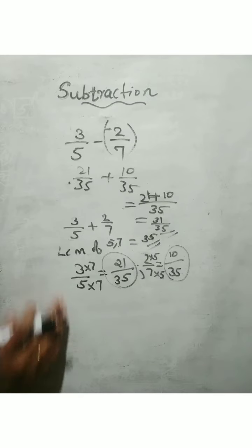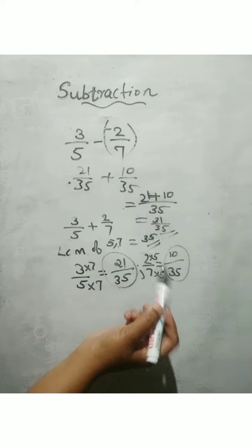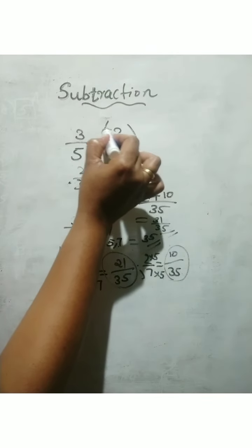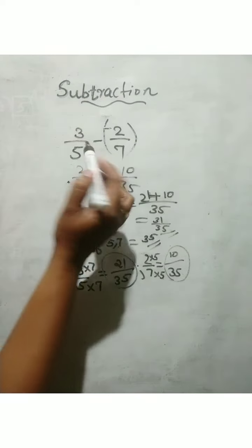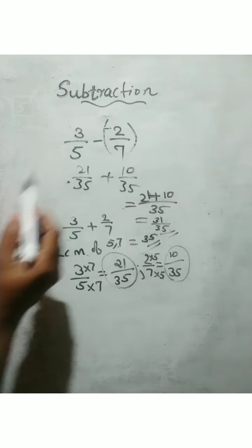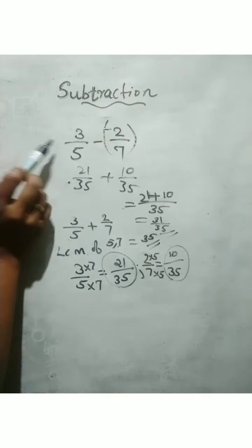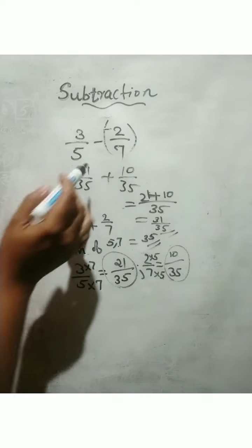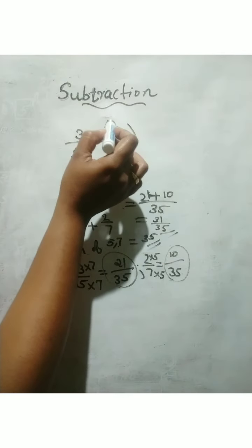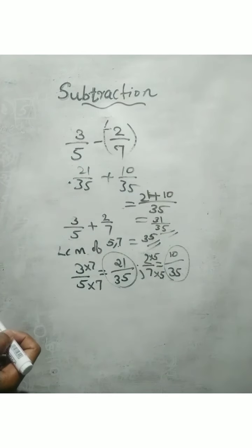We have to add these rational numbers by taking the additive inverse of the second rational number. Which rational number do we have to subtract? This rational number we have to subtract from the first rational number. So we have to take the additive inverse of this second rational number and add.